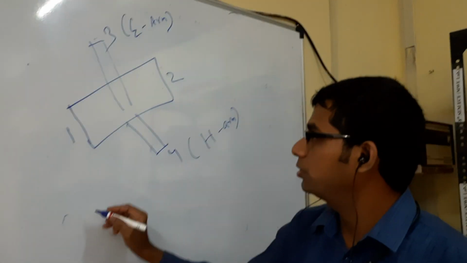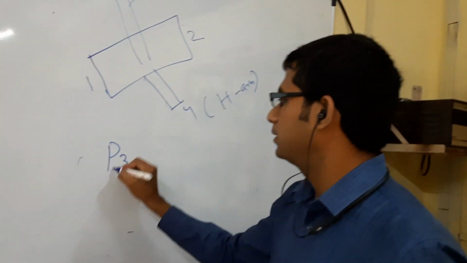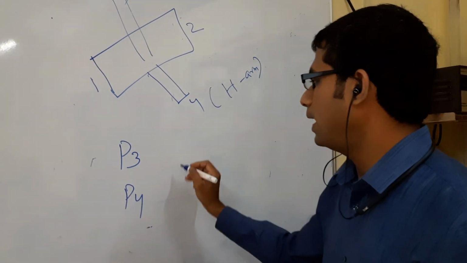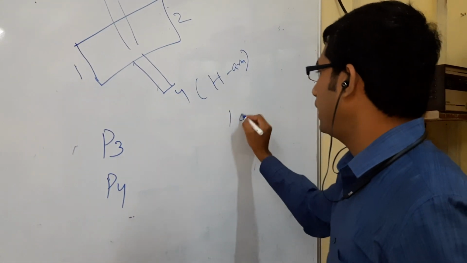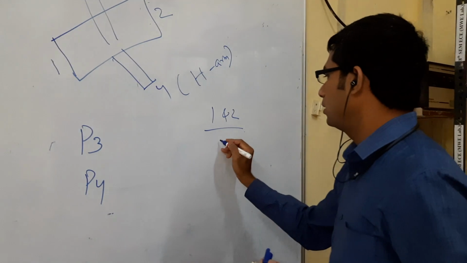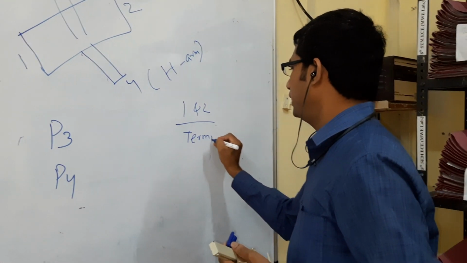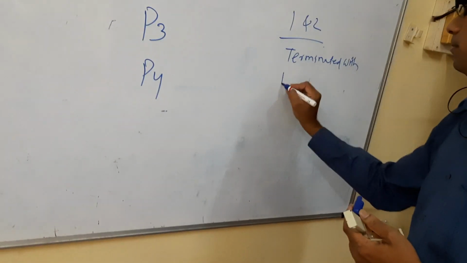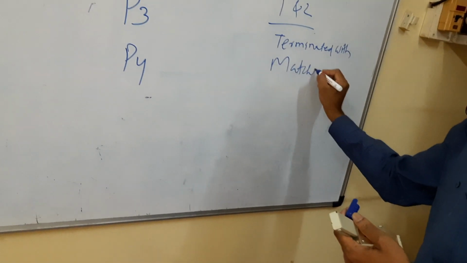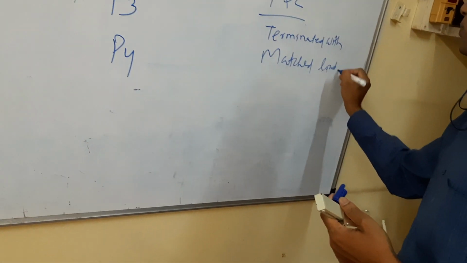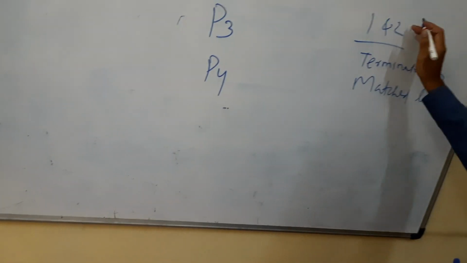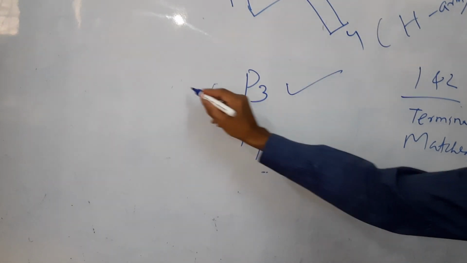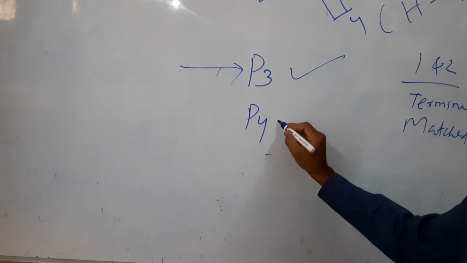So you give the power at 3 and you measure the power at 4. At that point, 1 and 2 should be terminated with matched load. That means they should be closed. 1 and 2 are closed. So you give the input at P3 and measure the power at P4.